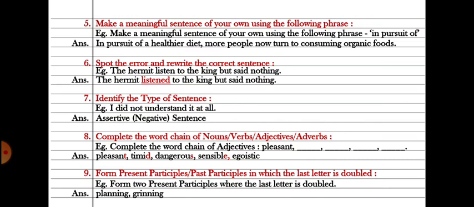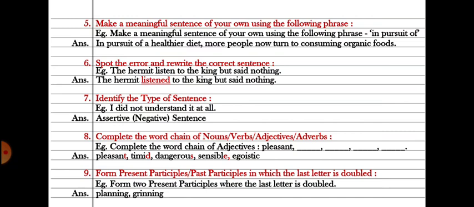Assertive sentences make a statement or an assertion. They can be negative or affirmative. For example, she has written the poem.